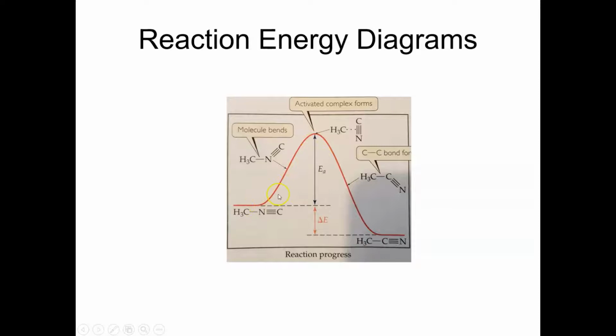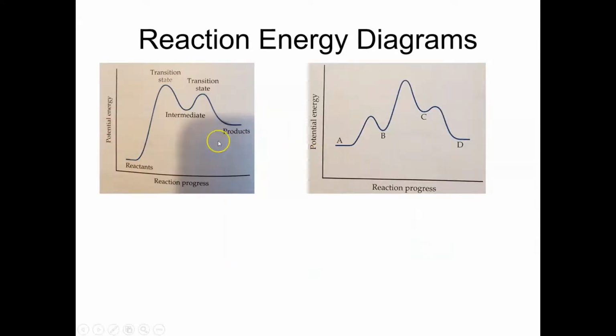That's nice, but it turns out that this is really only the reaction energy diagram for a reaction that has a single step mechanism. If you've got more than one step in your mechanism, you're not going to have a reaction energy diagram that looks like that. You're going to have a reaction energy diagram that looks like this, or that looks like this, right?